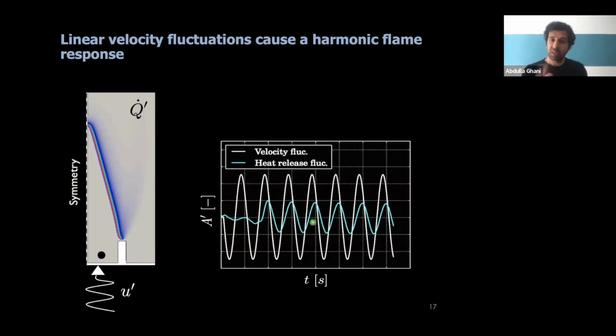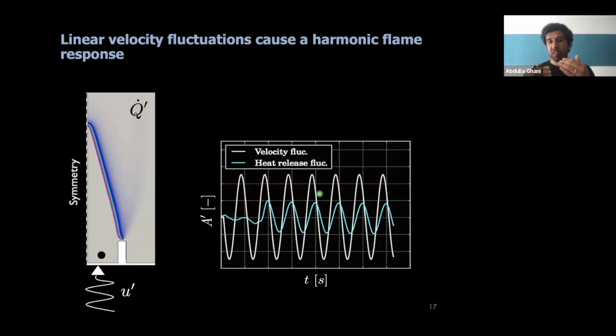And now we see that these 2 signals can be linked to each other by 2 parameters. First of all, there's one physical thing where you inject the velocity perturbations. It takes a little while, and then the flame responds. You can see this, for example, by comparing the peaks of the velocity and the peak of the heat release rate fluctuations.